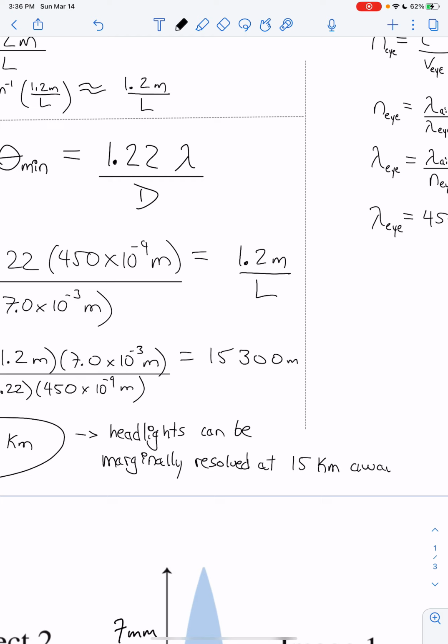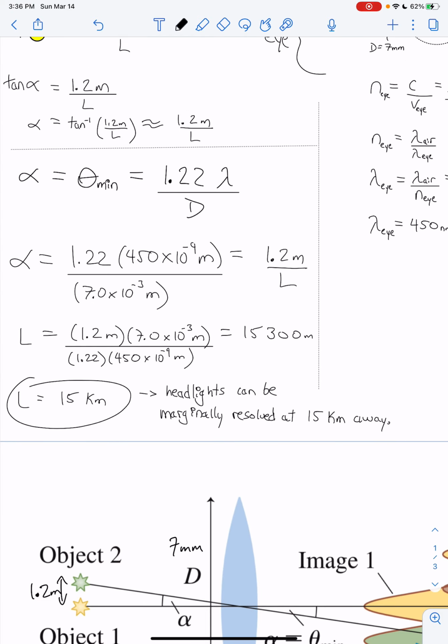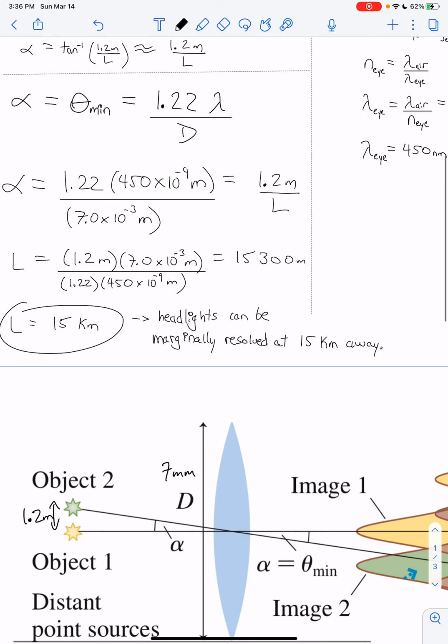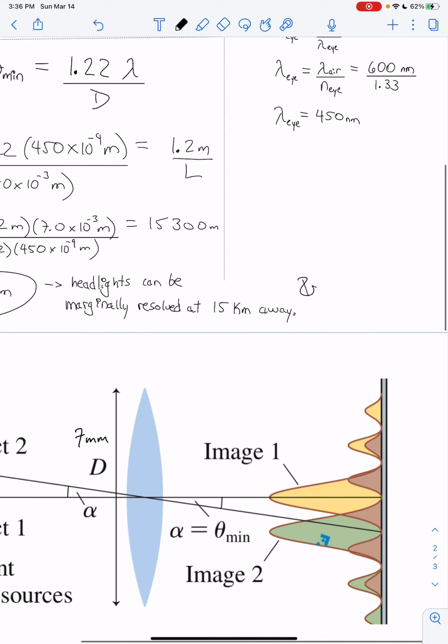But remember, we made an assumption that our eyes are a perfect lens, and that may not be completely true. So this also means that headlights will be fully resolved closer than that. So we can make a clear note to be really explicit that closer than 15 kilometers, headlights are fully resolved.